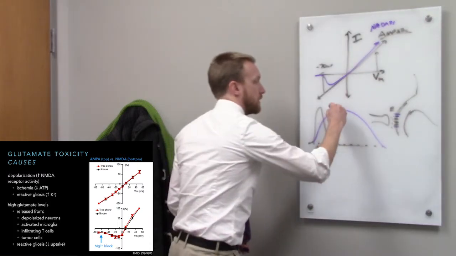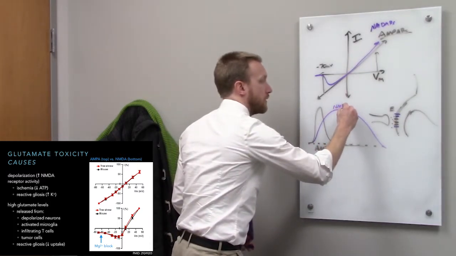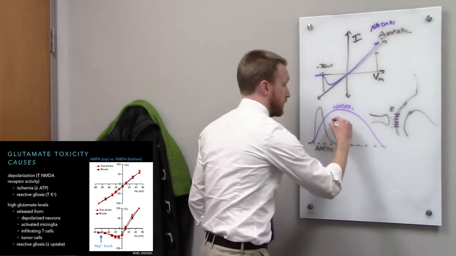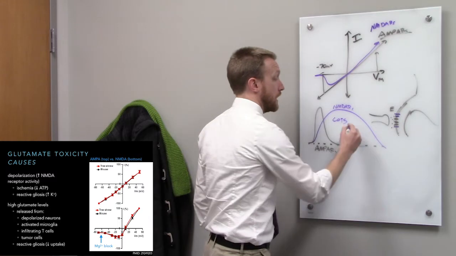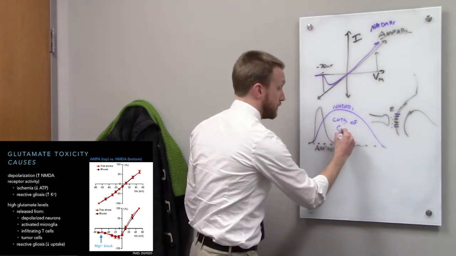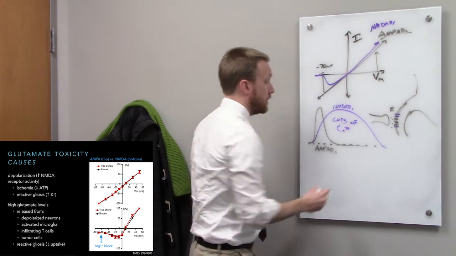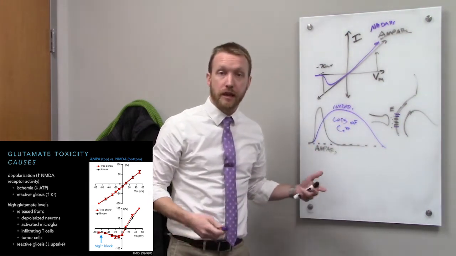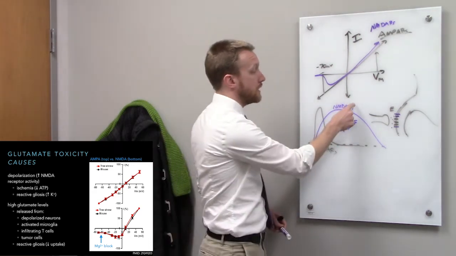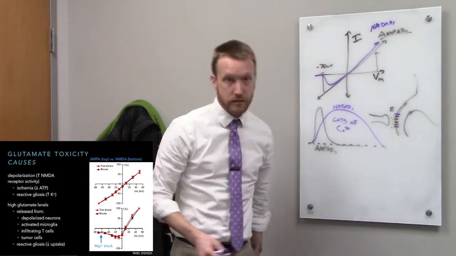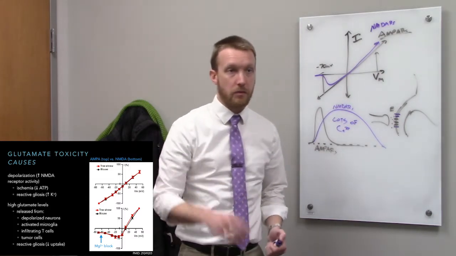So when you think about the area under the curve, that's related to how many ions they're letting in. And Nmda receptors let in lots of ions. The ion that we're thinking about here, calcium. Both receptors can let in calcium. There are some Ampa receptors that are calcium impermeable, but there are no Nmda receptors that are calcium impermeable. We're going to let in a whole lot of calcium. That'll come up again later.